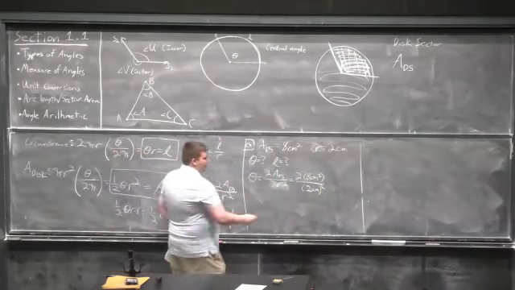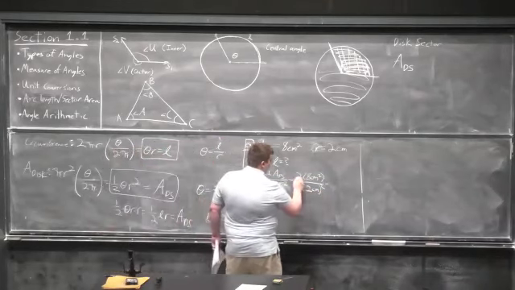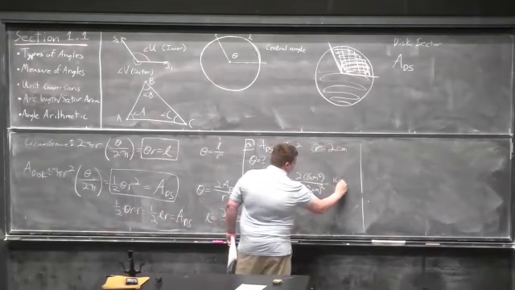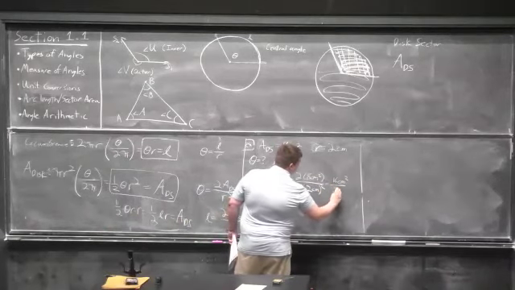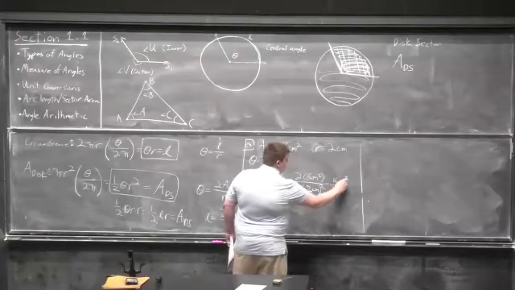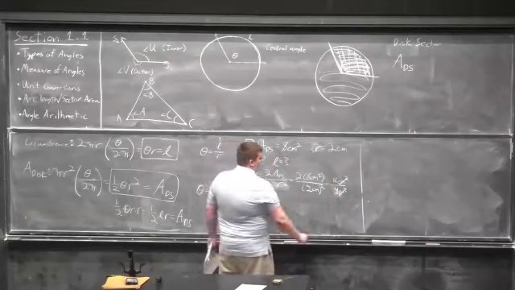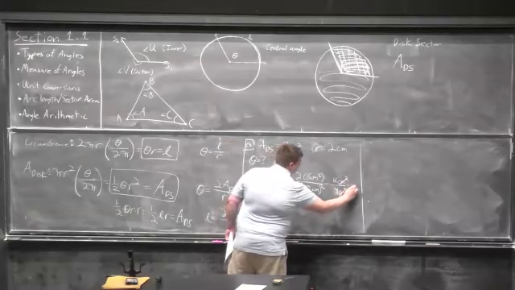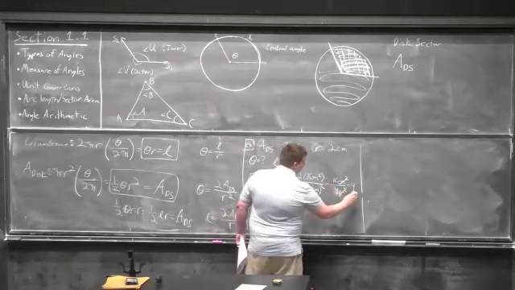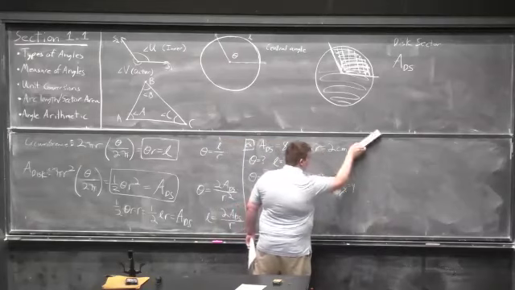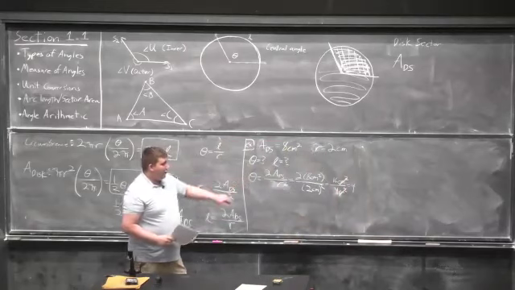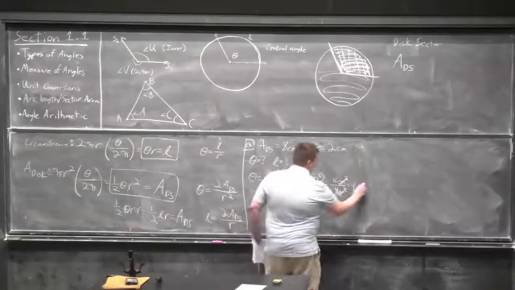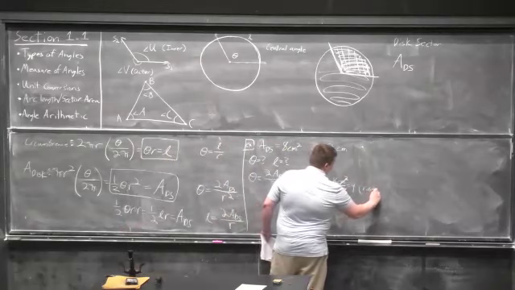So now we have 16 centimeters squared over 4 centimeters squared. Centimeter squared cancels out, and that leaves us with 4. And again, this is implied that we're talking about a theta, so we have 4 radians.